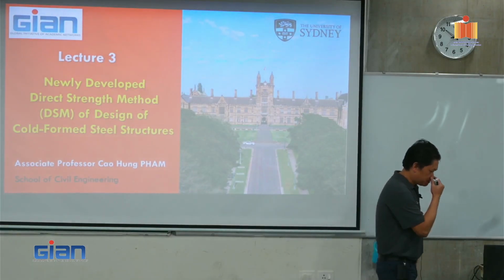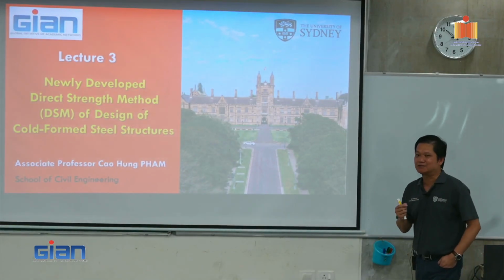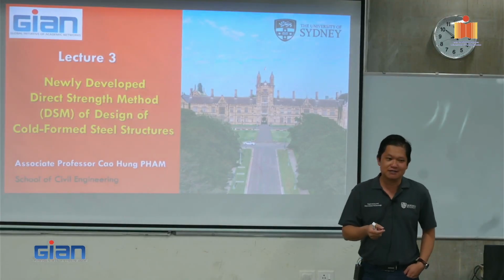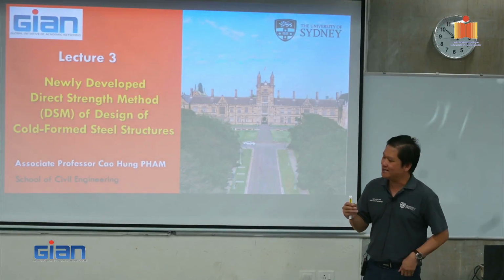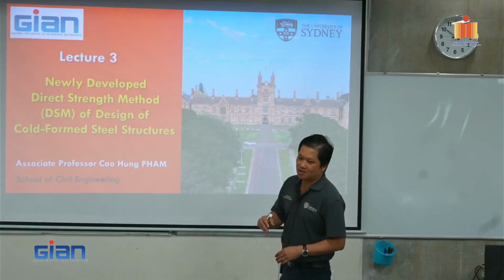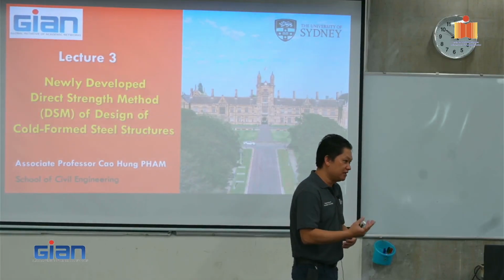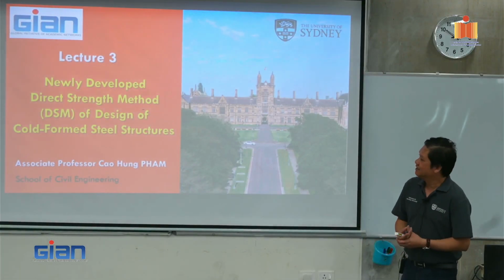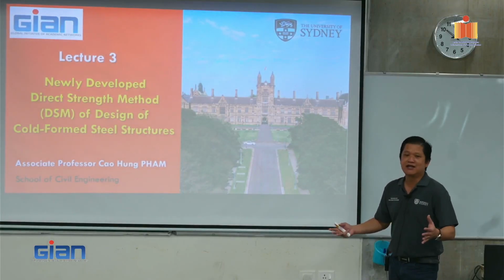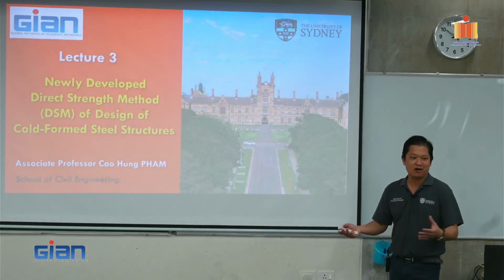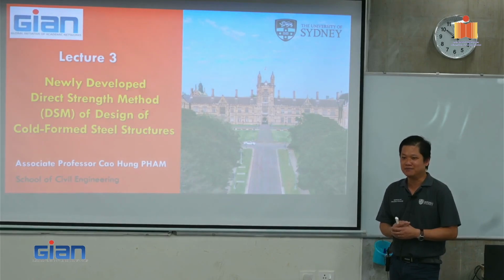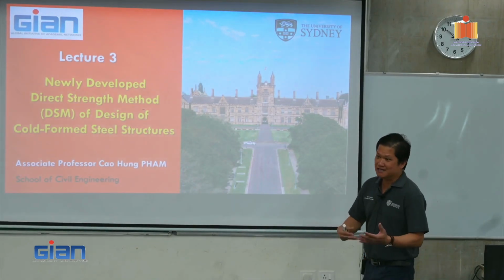All right. So coming back to our lectures, particularly today, lecture 3, I will cover the newly developed direct strength method. They say newly developed, but actually it has been around for quite a few years already. But it is called new because it hasn't been fully done yet.